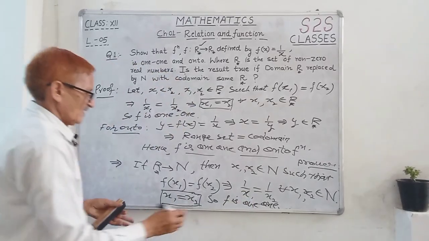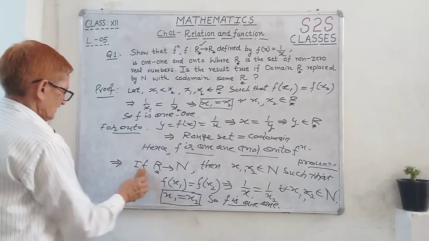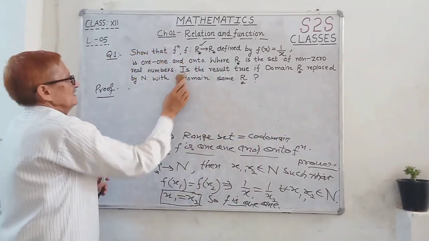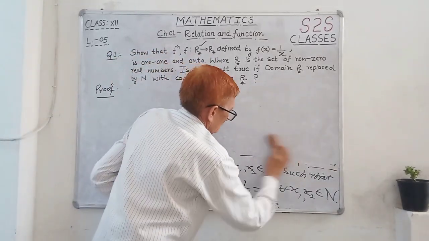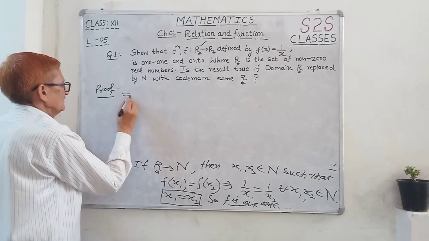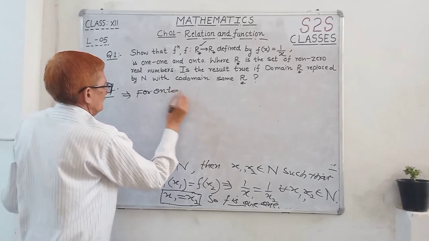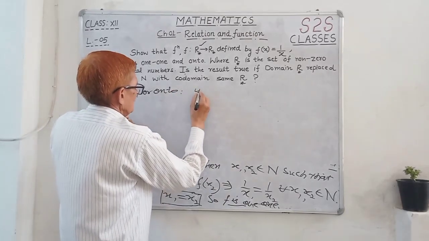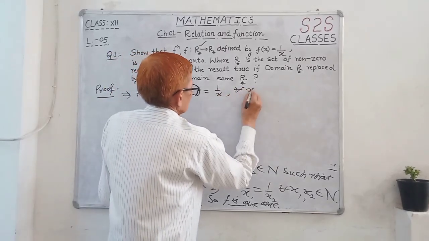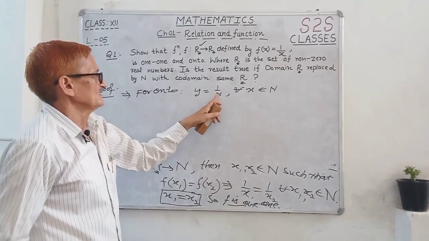Now after this, for onto: y is equal to 1 upon x for every x belonging to natural numbers. 1 upon 1, 1 upon 2, 1 upon 3, 1 upon 4.